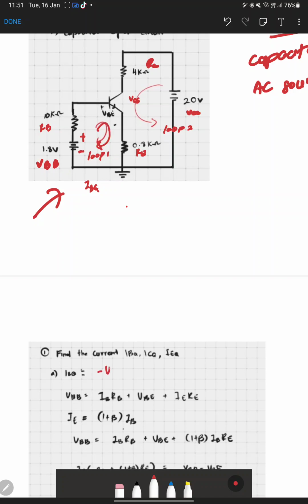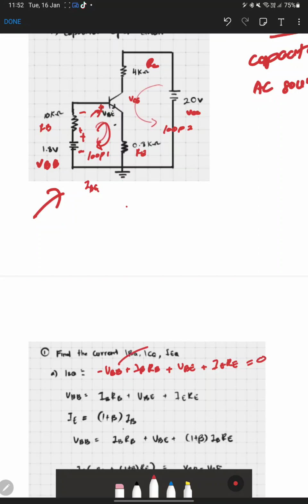So we can say that the first term in the loop is minus VBB, and then we meet the value of IBRB plus, and then second we meet the VBE, so we plus the positive VBE because we meet positive first, and then plus the IERE here, and then we total up with 0.